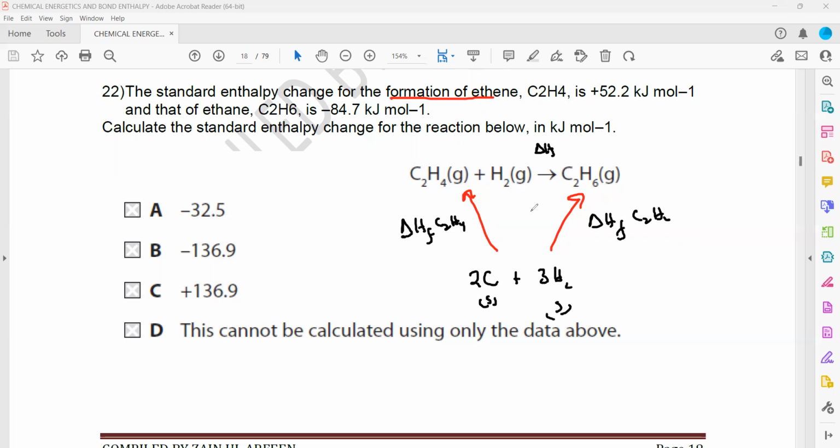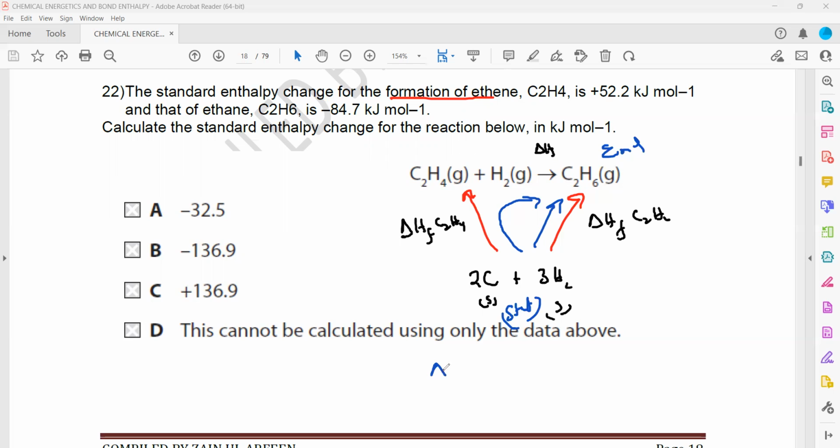And this is the enthalpy change. According to Hess's law, the overall energy change does not depend on the route. This is the start of the cycle, and where two arrows point in is the end of the cycle. So if we follow route 1 or route 2, the overall energy change does not depend on the route.